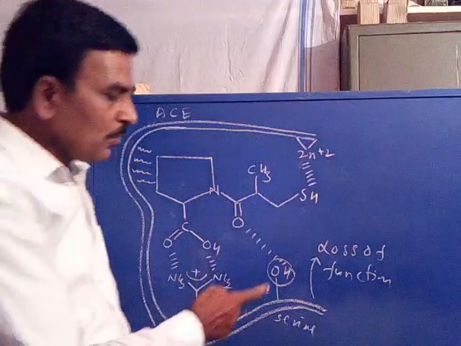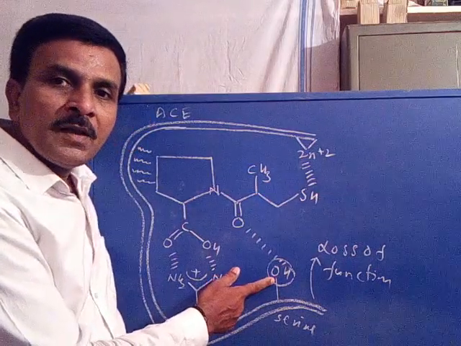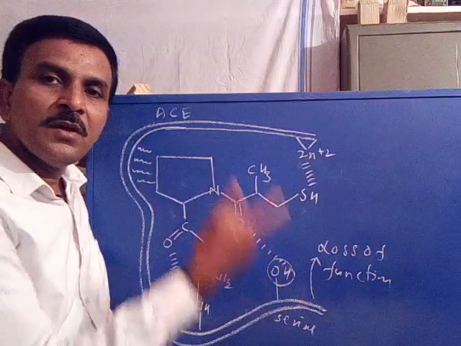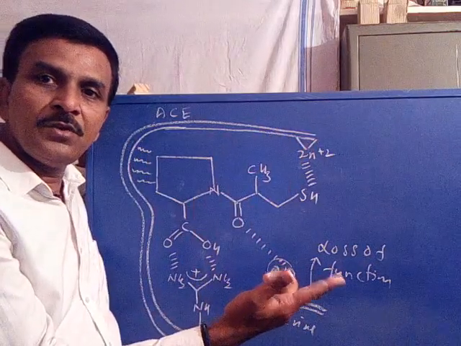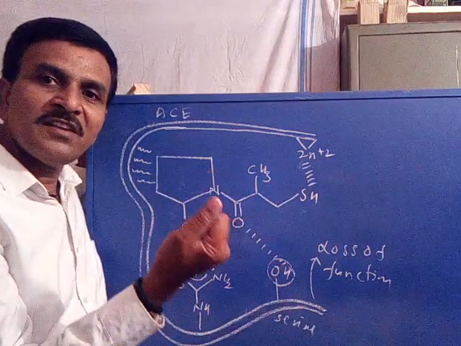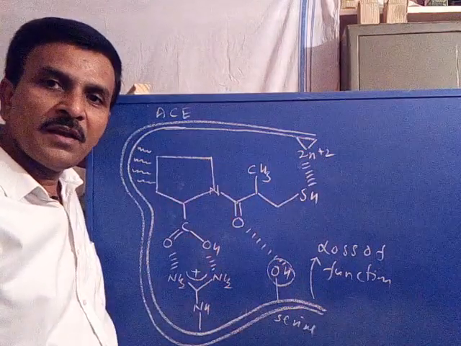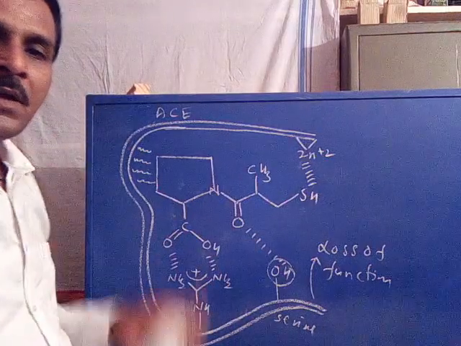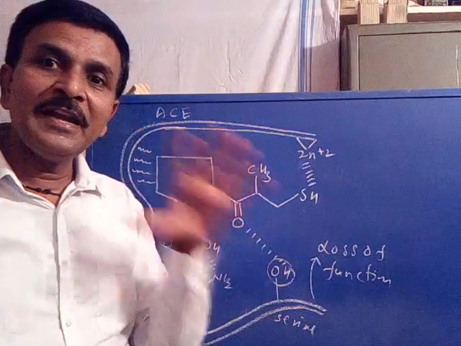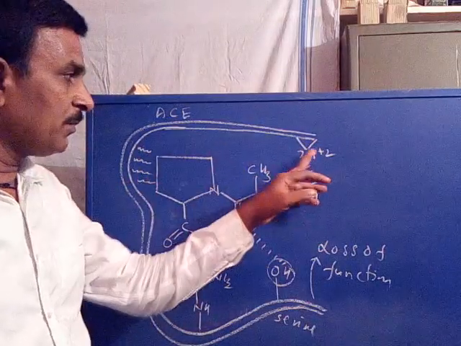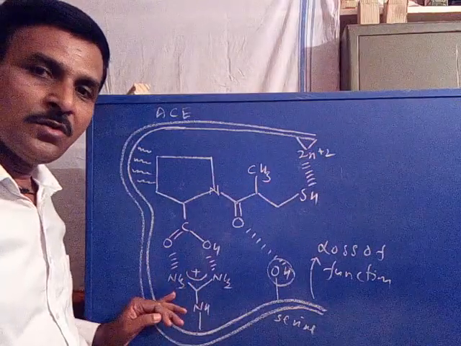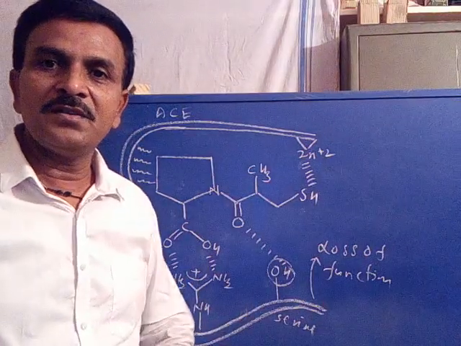Now when the enzyme OH group is not free, it is unable to do its normal function. It is unable to hydrolyze angiotensin 1 into angiotensin 2. When angiotensin 2 is not there, there is no constriction of blood vessels, so there is no hypertension. So this is the exact mechanism involved in the design of captopril with respect to the binding sites available in the enzyme: zinc 2+, hydrophobic region, a positively charged group and the OH group on the serine residue.